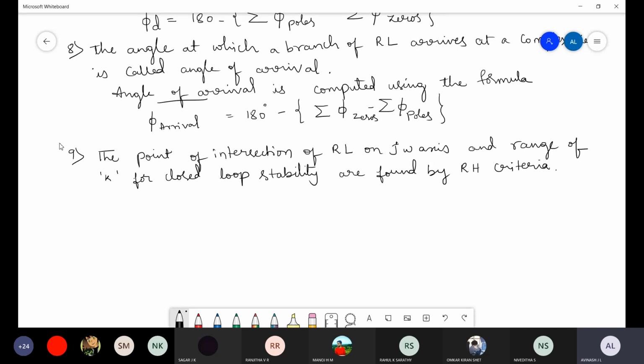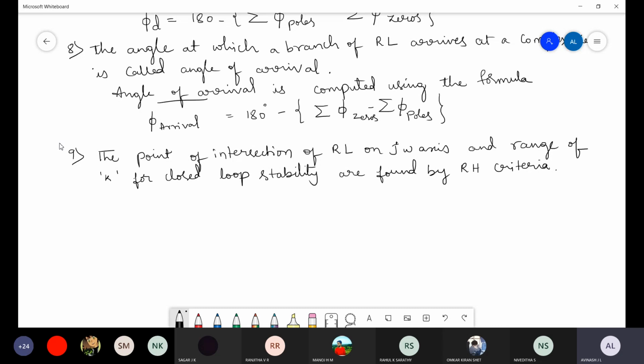So when we were solving the numericals in the RH criteria, we found how to find out the point of intersection and the range of k for closed loop stability. So this can be found out by using the RH criteria.